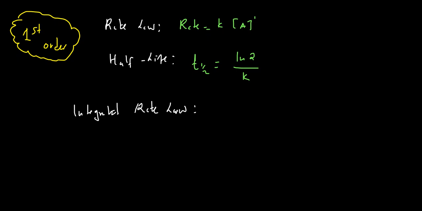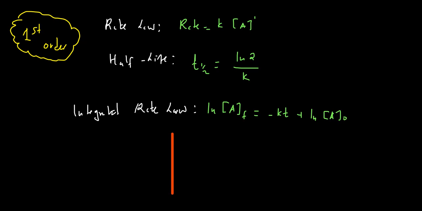It's similar to zero order, but the difference is that you have the natural log of the final concentration being equal to negative kt plus natural log of the initial concentration. You see it's very similar. The only difference is the introduction of a natural log.